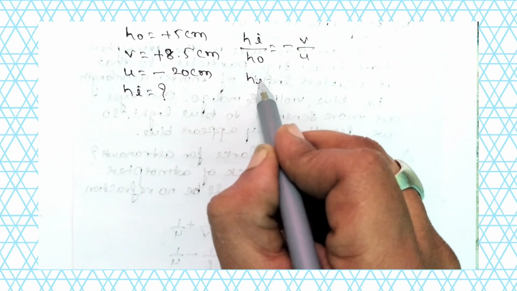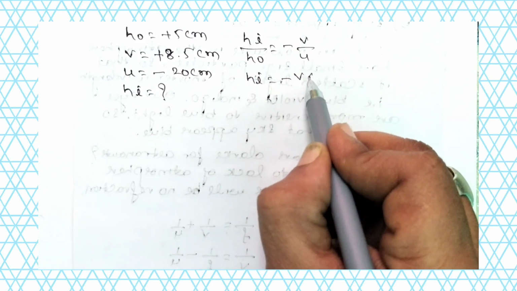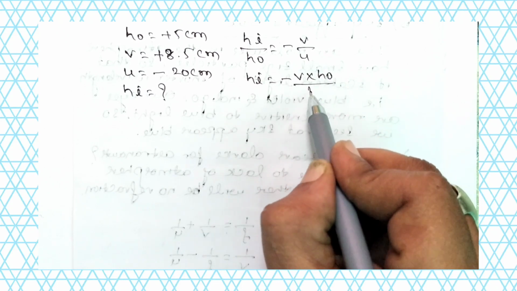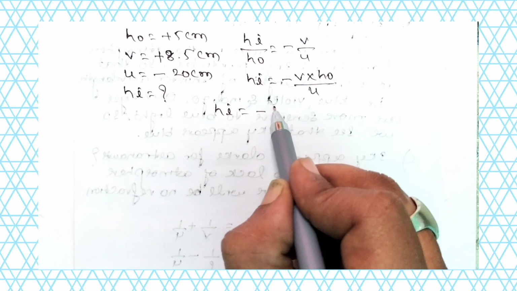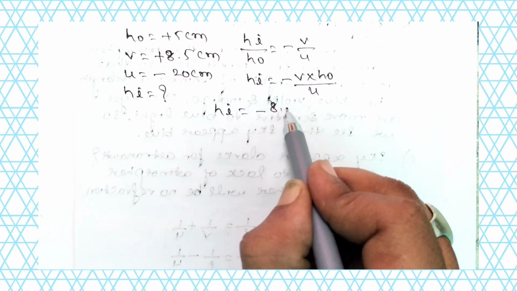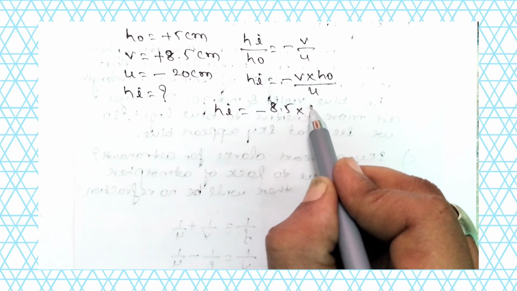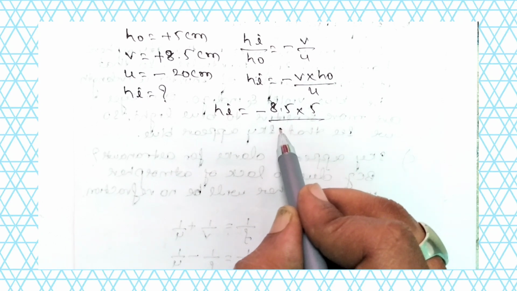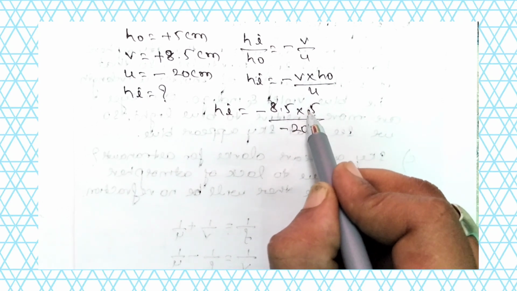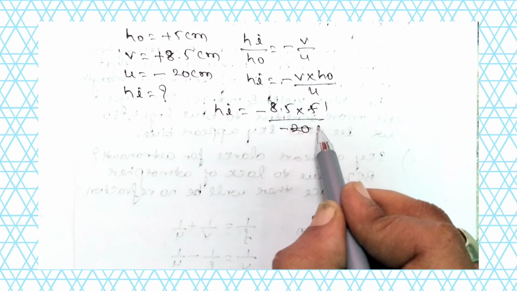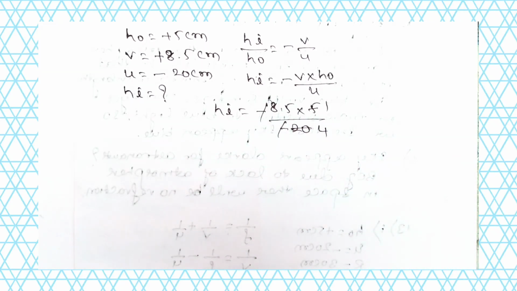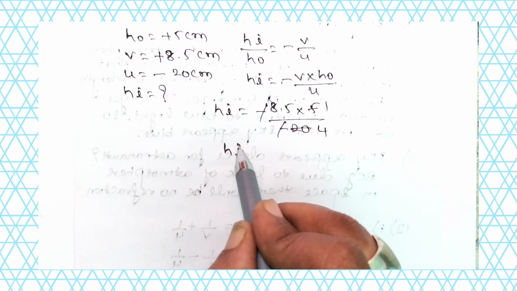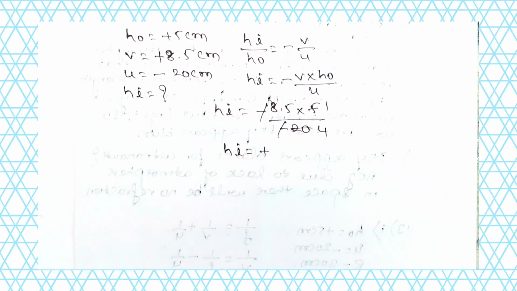So hi is equal to minus v into h naught divided by u. Hi is equal to minus 8.5 into h naught 5 divided by u minus 20. So 5 4s are 20. Minus by minus is plus. Look, the height of the image should also come plus, because the image is erect.